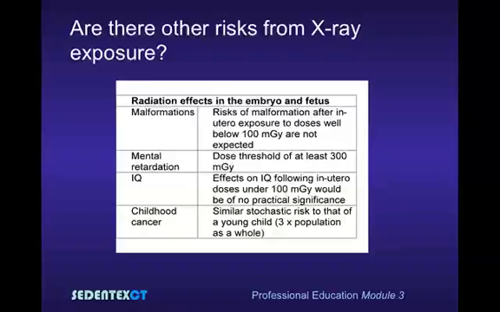Mental retardation may be an issue, but requires a dose threshold of at least 300 milligrays. Effects on IQ following in utero doses under 100 milligrays would be of no practical significance. And in terms of childhood cancer, a similar cancer risk is believed to occur to that of a young child, that is 3 times the population as a whole.